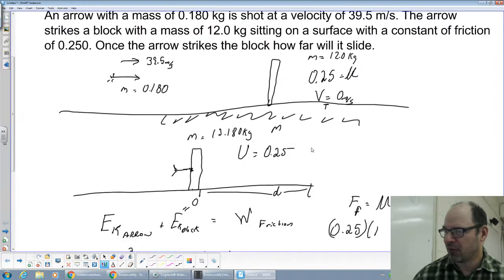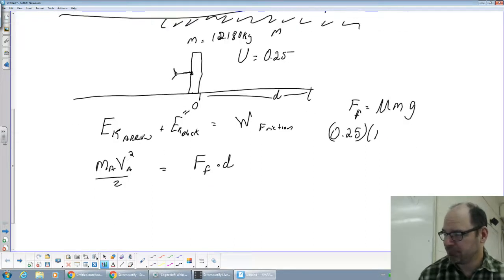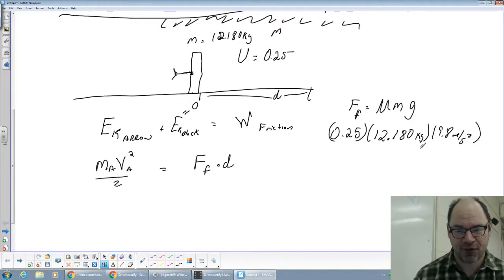Didn't I say it was 12? Yes, 12, pardon me. So this should be 12.180 kilograms times 9.8 meters per second squared. Okay, and that's going to give us the force of friction that's going to help stop the block.